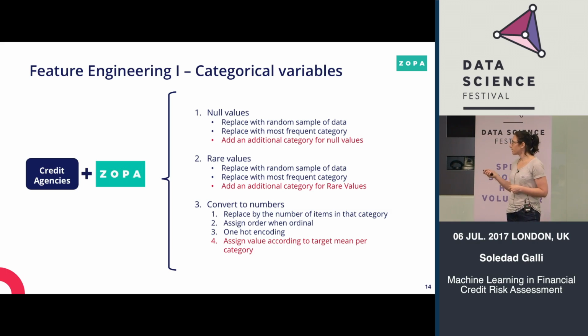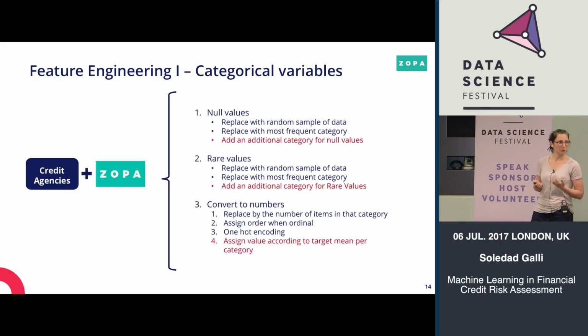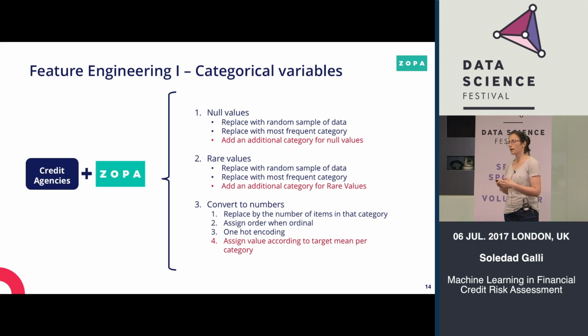Another thing that can happen as well is to have rare values. Rare values, to continue with the example of postcode, are those labels that are very infrequently represented in your data set. Because Manchester and London are very dense cities with a lot of population, most of our customers will come from those. But if you think about places like Brockenhurst, we would have a few customers that come from that place.